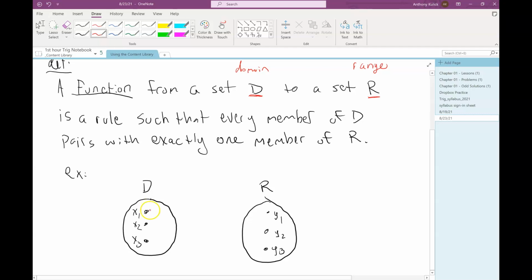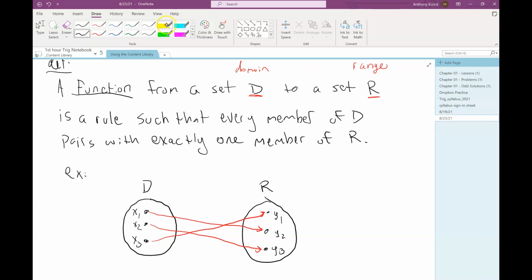And then we draw an arrow to show how they're paired together. So maybe this is our pairing. So let's use the definition of a function to decide if what I've drawn is a function or not.